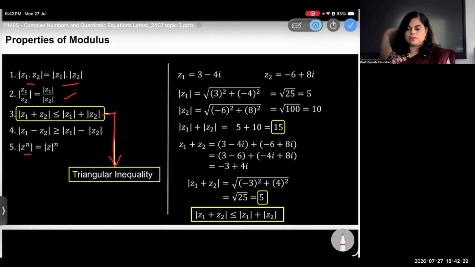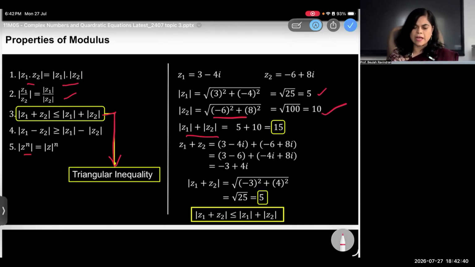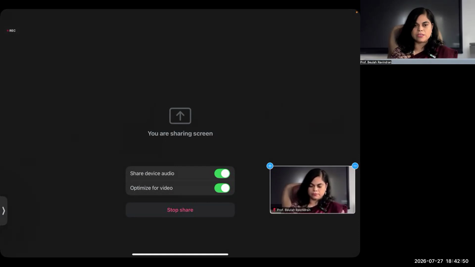Okay, so it is given as an example. Z1 is given, you can find the modulus. Z2 is given, find the modulus. Then add them individually. Then add these two numbers, and simplify that. After that, find the modulus.